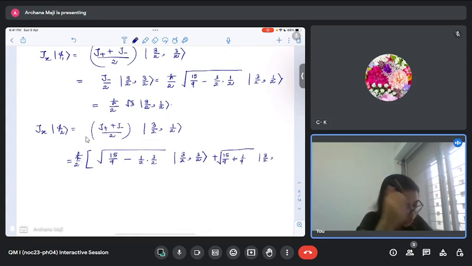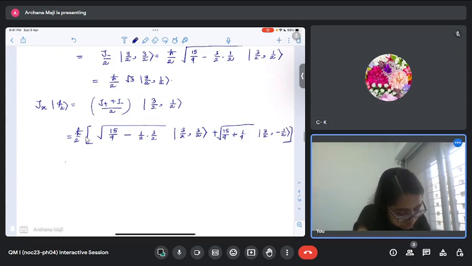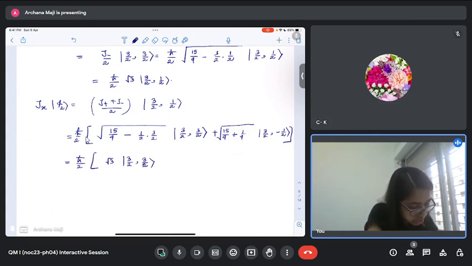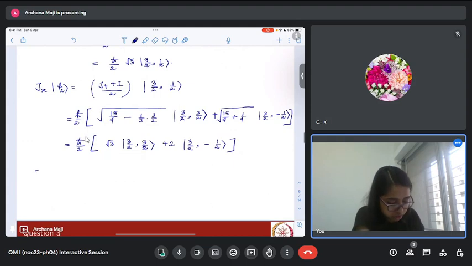Let me know if I am doing any mistake in calculation. Minus half. So ħ/2, it's square root 3, and that is plus 2, |3/2, minus 1/2⟩. Okay.